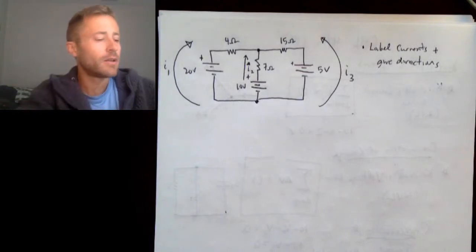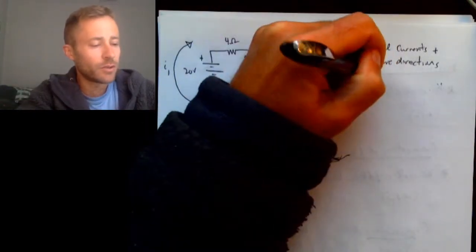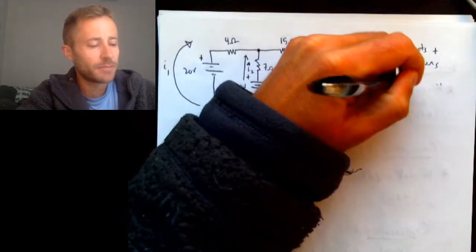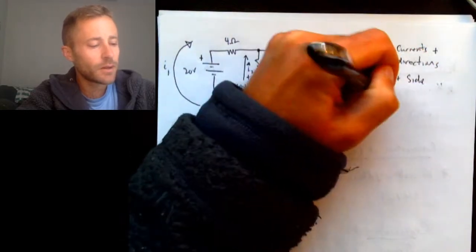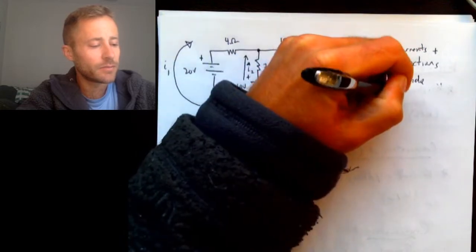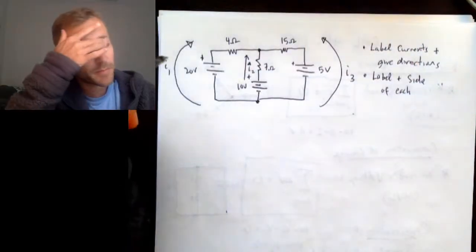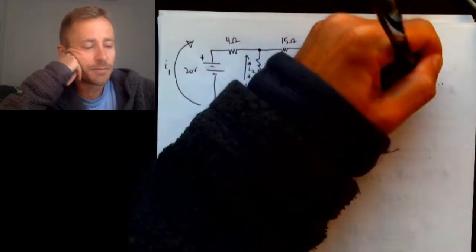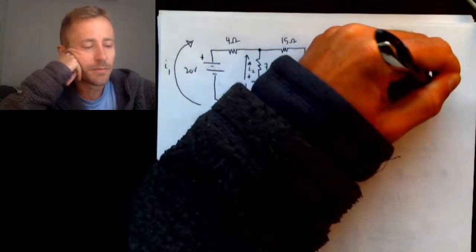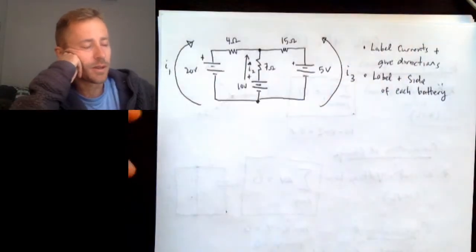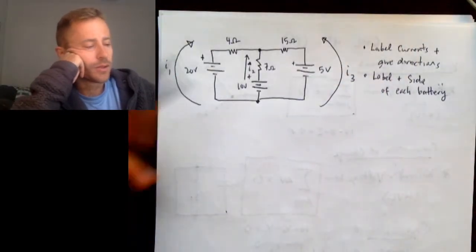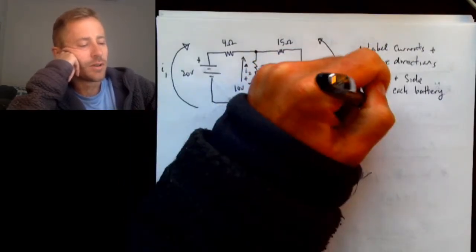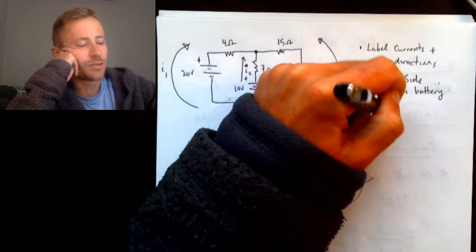All right? Then what you're going to do is you're going to label the positive side of each battery. So I've already done that. And then you need to label the positive side of each resistor.